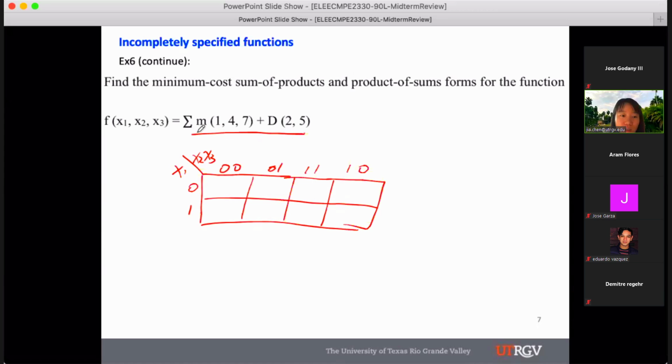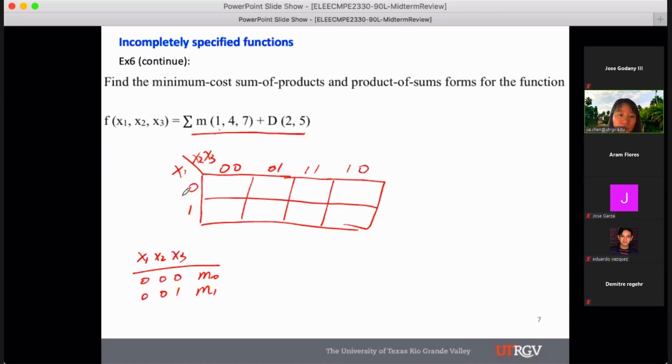Okay, so let's figure out the location of the 1s. If you don't remember, then you go to the truth table, x1, x2, x3. And 0, 0, 0 is M0, this 0, 0, 1 is M1.